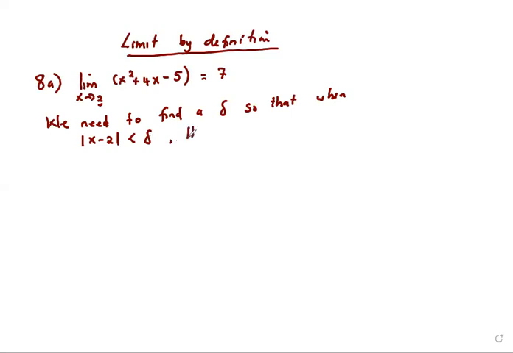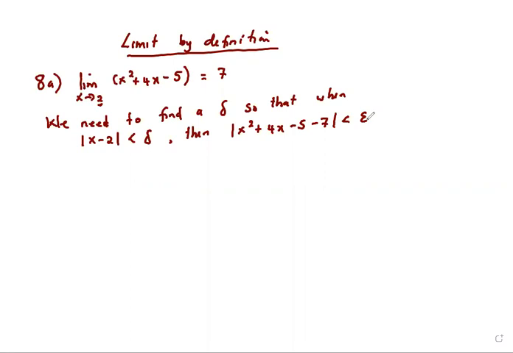So when this is the case, then we demand that x squared plus 4x minus 5 minus 7 be less than epsilon. That's how we call it epsilon delta definition.